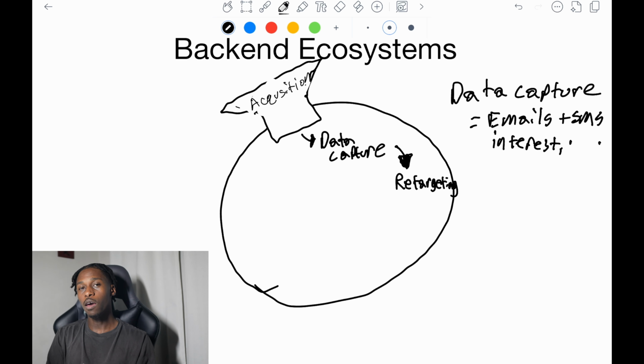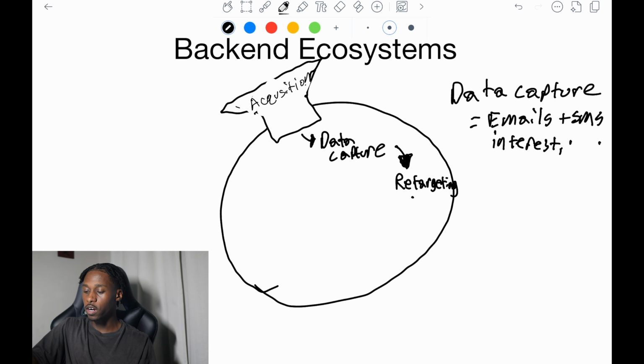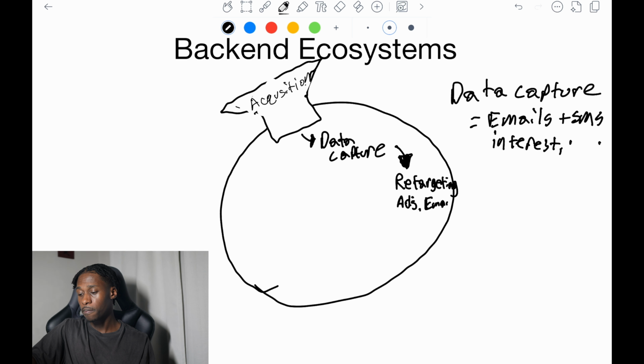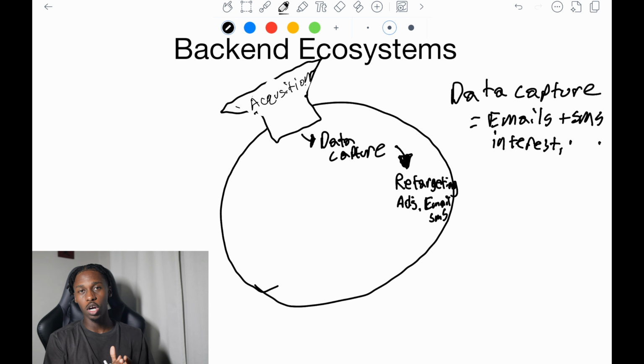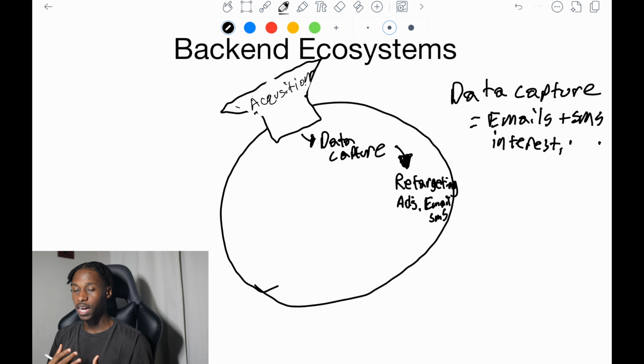All right. And once we start retargeting, we can retarget with ads or back-end systems like email and SMS. All right. And then this is the period where we're really starting to build out this content, right?